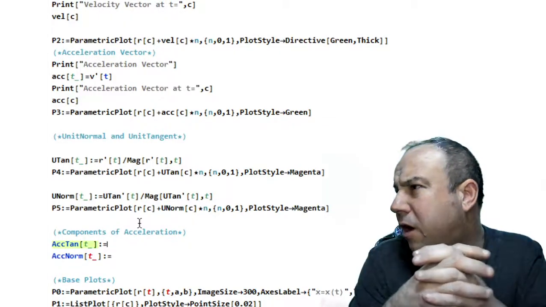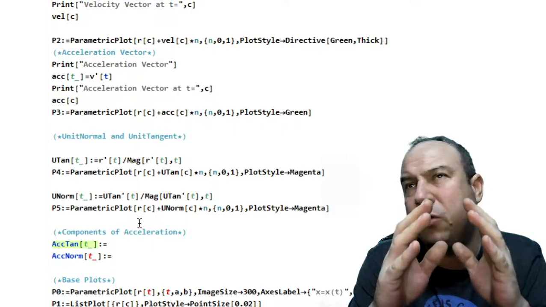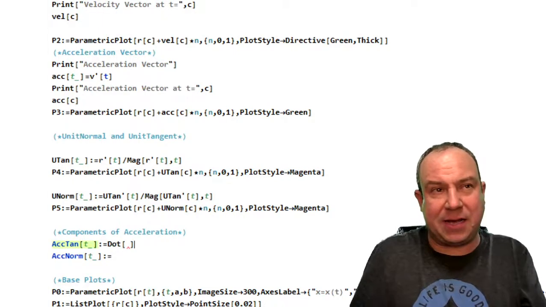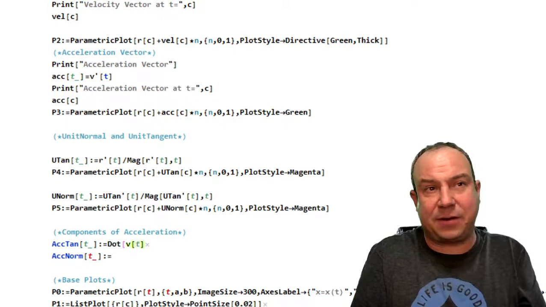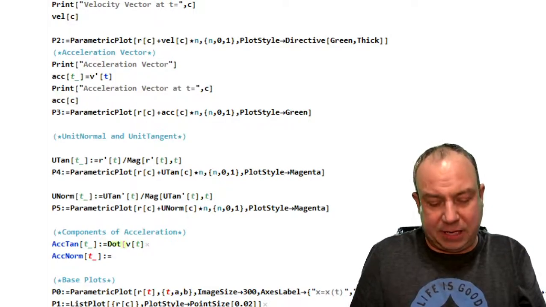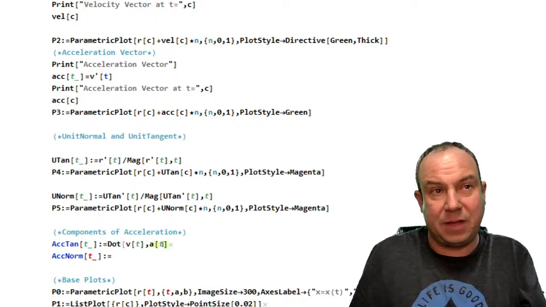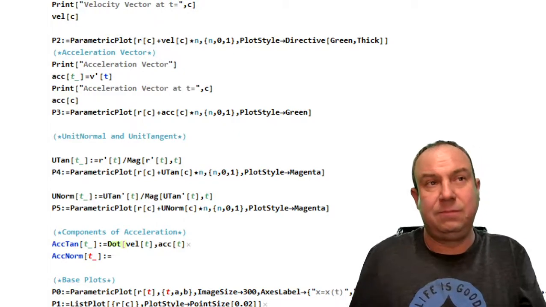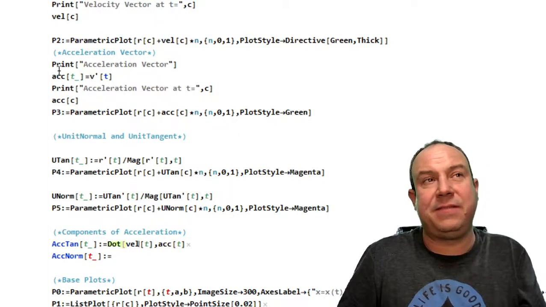If you recall, folks, that tangent component of acceleration comes from the dot product of the velocity vector with the acceleration vector. And remember, we got a little bit more specific with those descriptions, ACC and VEL given above up here.